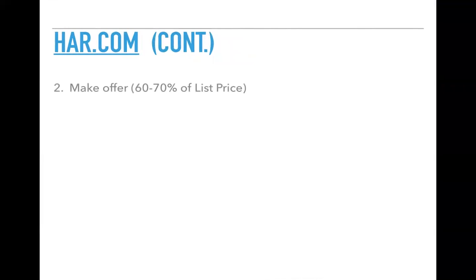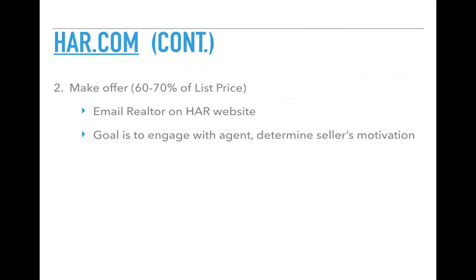So, just a quick overview. We make an offer anywhere from 60 to 70% of the list price listed on the MLS. We'll email the realtor on the HAR website. The goal is to engage with the agent and really determine the seller's motivation.